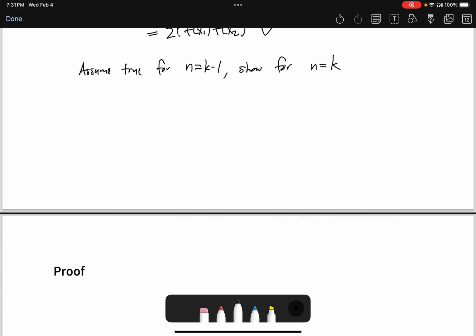So continuing our proof here, for n equal to k, we're going to take the derivative with respect to xn all the way down to x1 of n factorial times the product from i equals 1 to n, F of xi minus F of yi. And the trick here is we'll just try to write this in such a way that we can make use of what we assumed in the previous step.